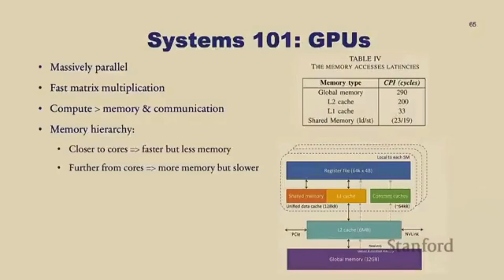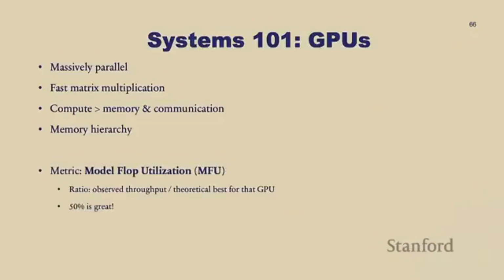Another thing to know about GPUs is that there's a memory hierarchy. This is the same with CPUs: the closer you are to your cores, the less memory there is, but the faster things run. If you're further away, there's more memory, but it's slower. I told you about the fact of communication. The metric people usually look at is model FLOP utilization: the observed throughput, in FLOPs per second, divided by the theoretical maximum that the GPU could run at.